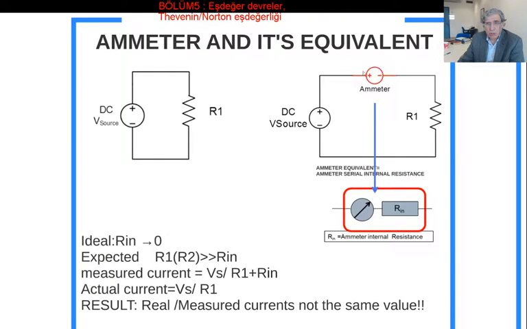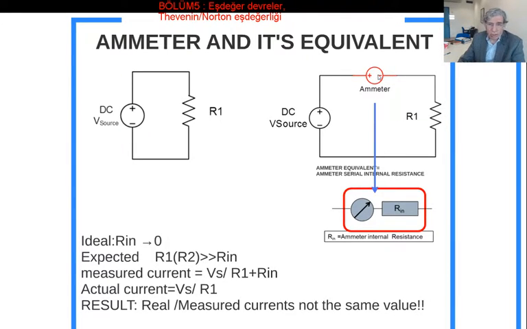The equivalent is the functional part of the equipment in serial with an internal resistance. When you put this in, this internal resistance is going to be added to R1. R1 is the load, the element whose current will be measured by this ammeter.